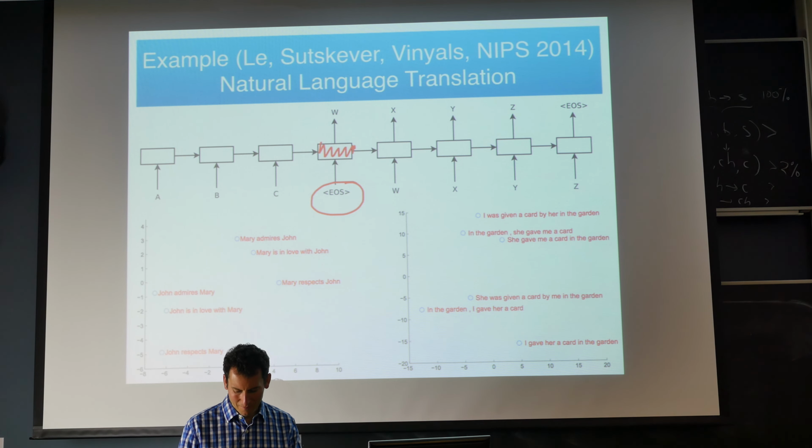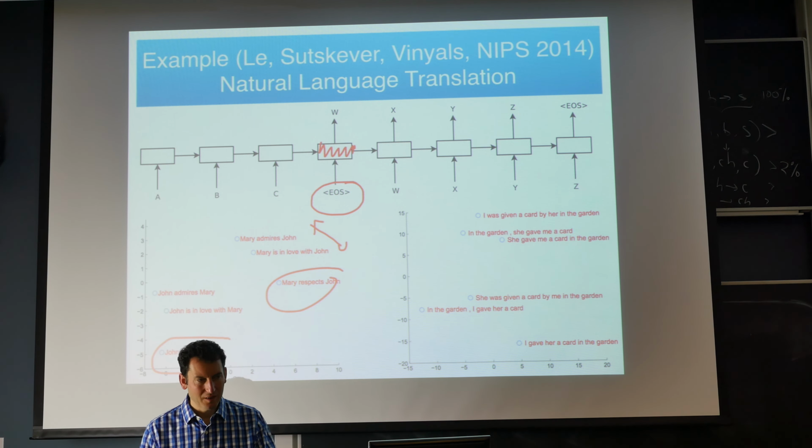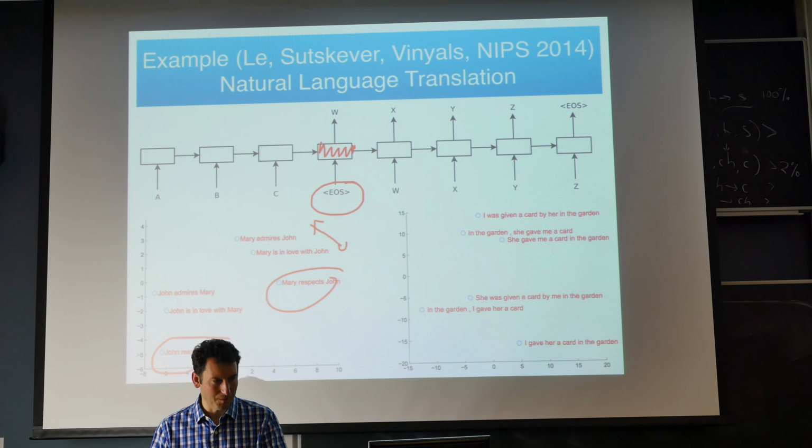And here's what you get. You get things that are distinctly different, right? So John respects Mary, Mary respects John. Things that are closer, right? Mary admires John or Mary's in love with John. And so you actually get quite meaningful similarities between sentences through the latent representation. Well, you better have that if you want to be able to translate well.